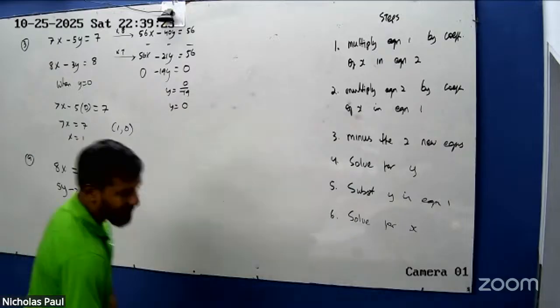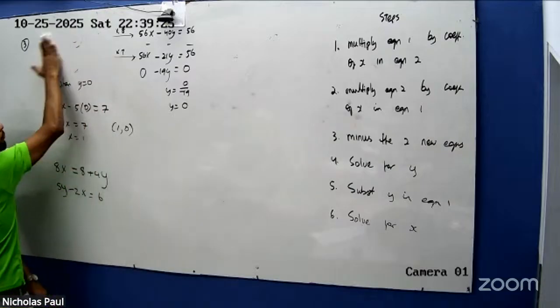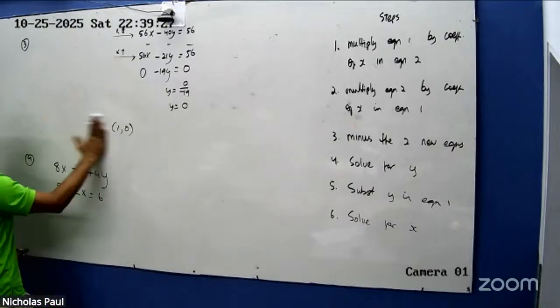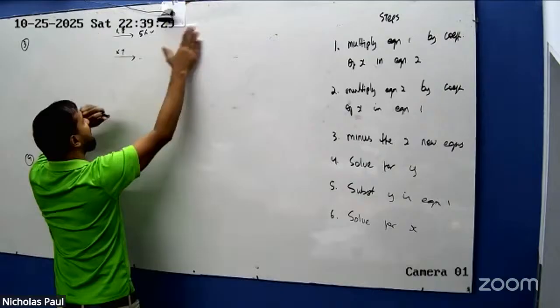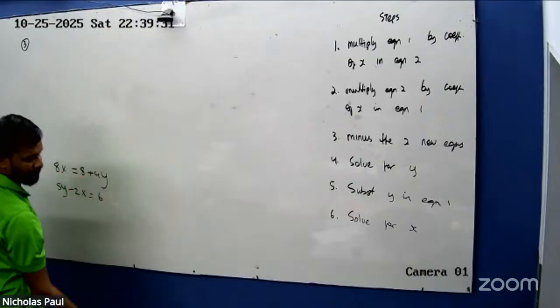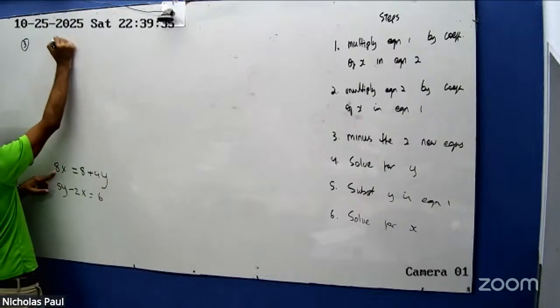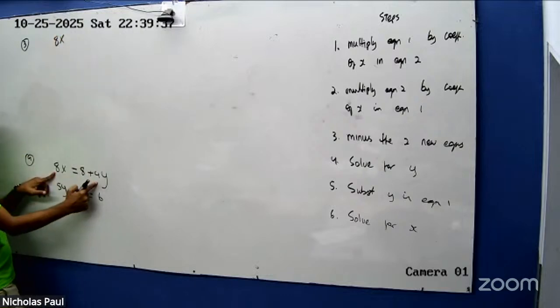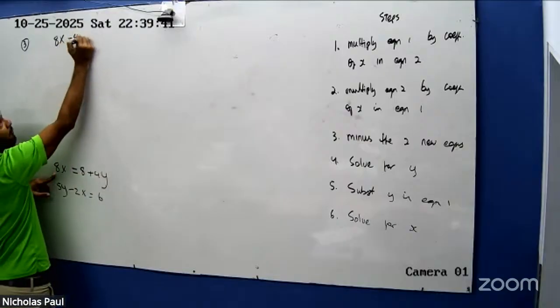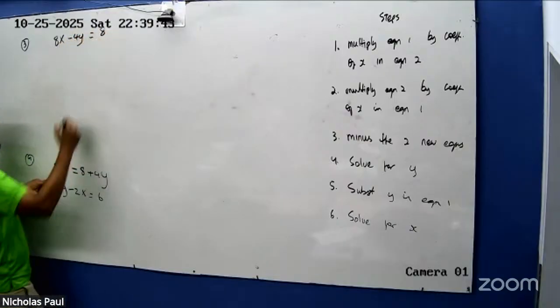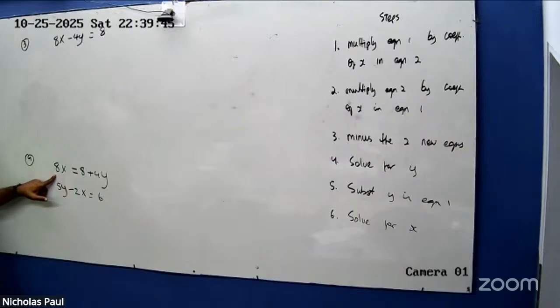Right, so I'm just checking to see if you all rearranged it properly, right? And then I'll let you fix it up. So 8x, okay. After moving across plus 4y, you'll get minus 4y, and the 8 staying right there. That's okay?